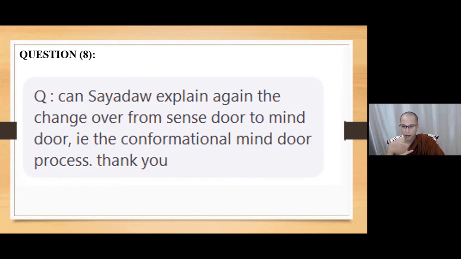Then after some mind processes arise, we can recognize. This is what we can learn from the Abhidhamma teaching in detail, because the process is a very subtle object to see.